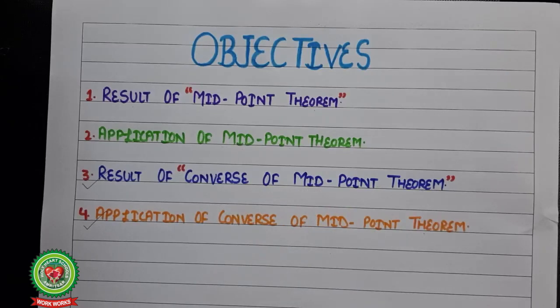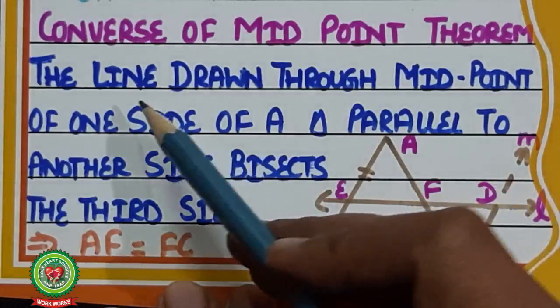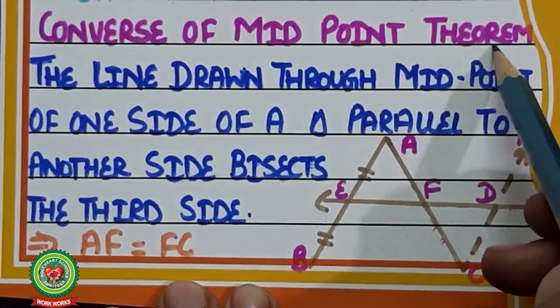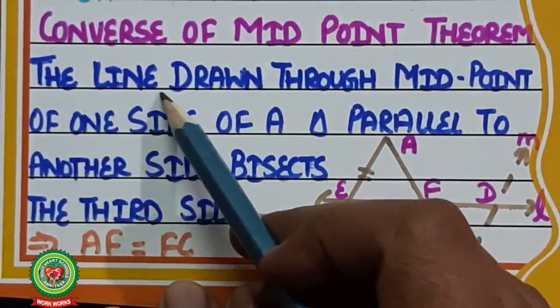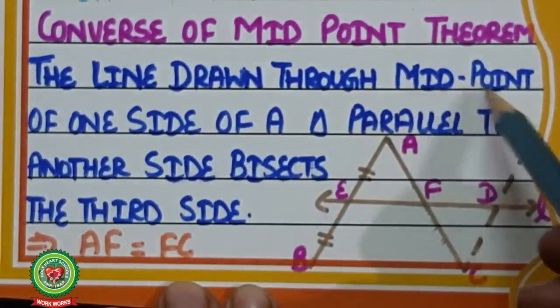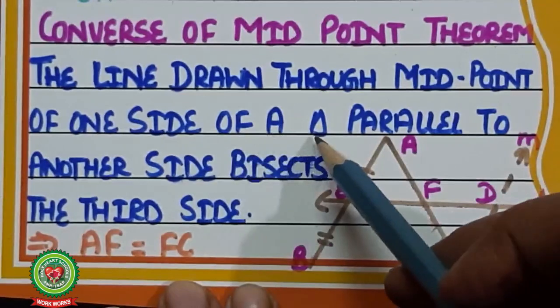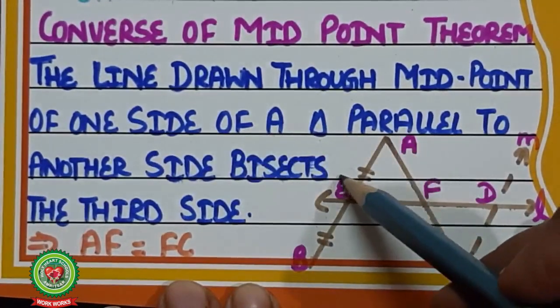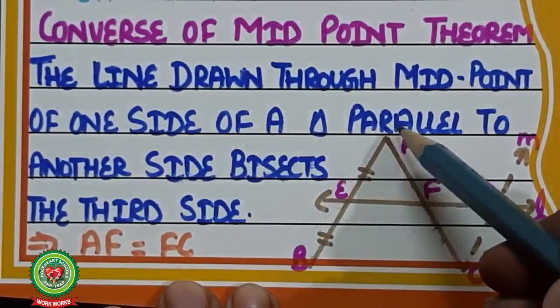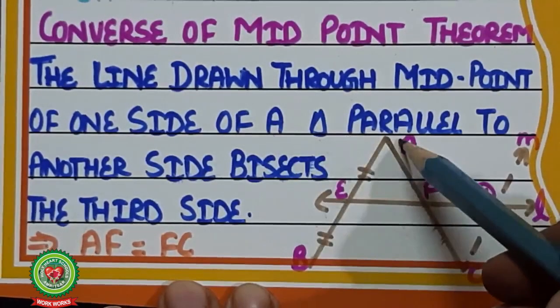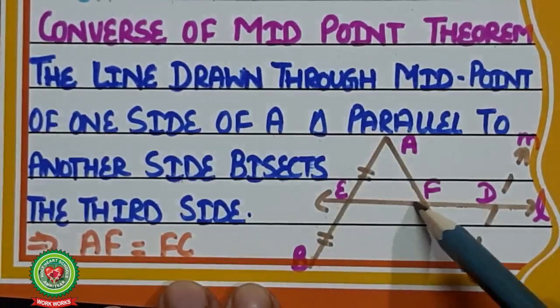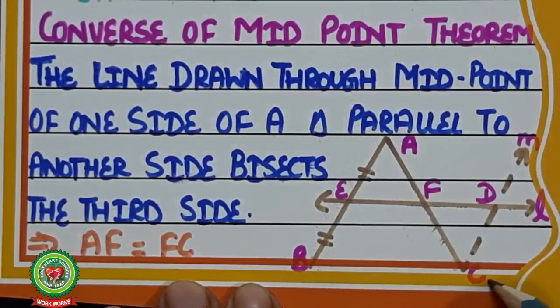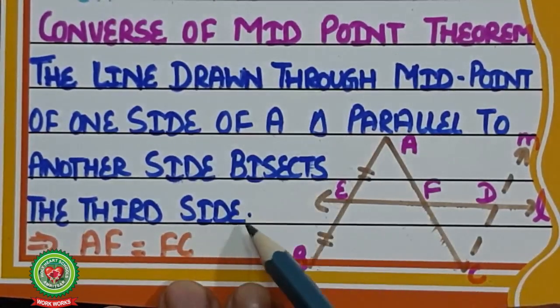So now let's have a look at the result and see the statement of the converse of midpoint theorem. The statement is: the line drawn through the midpoint of one side of a triangle parallel to another side, EF is parallel to BC, bisects the third side.